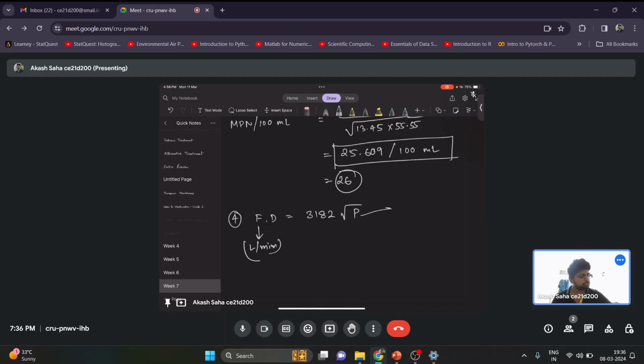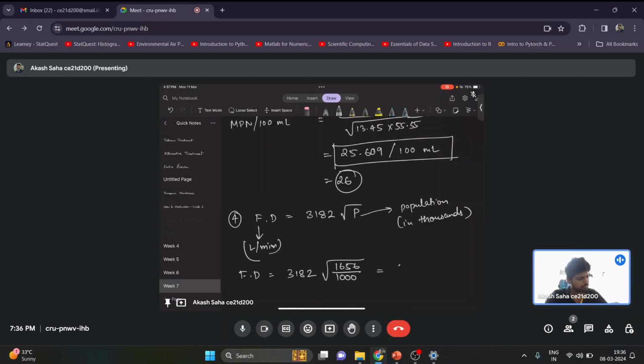And P is the population, but in thousands. So P is given as 1656 total, so in thousands it will be 1656.